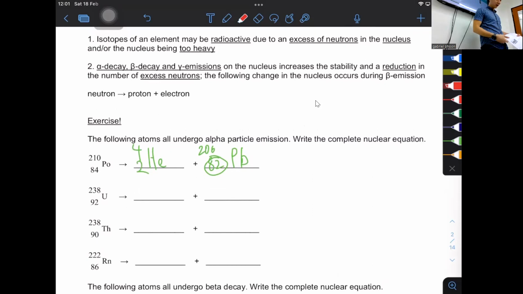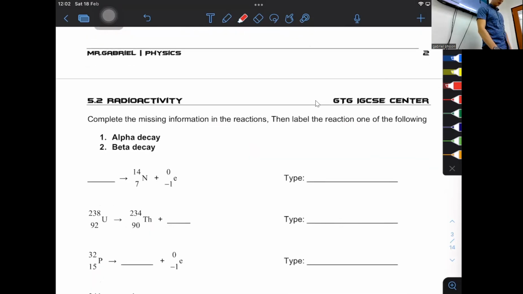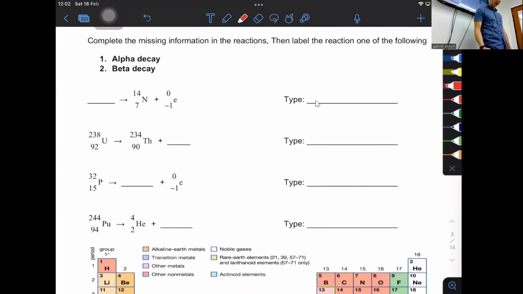And then on the next page, you're supposed to get either alpha or beta decay. I will assume this is correct once again, because if you're wrong, god damn you. It's supposed to be 14, 6, C. Then after that, it's beta decay, obviously.